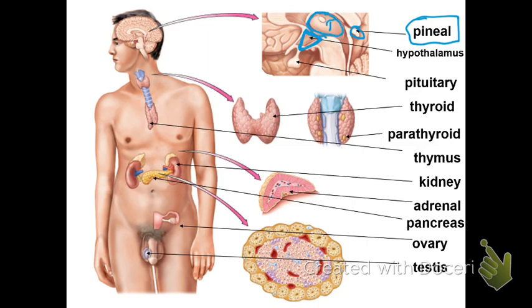And then underneath that, this triangular region is the hypothalamus. And then hanging down from the hypothalamus is the pituitary gland. Now, for most of you in your sheep brain dissections, the pituitary gland did not make it.